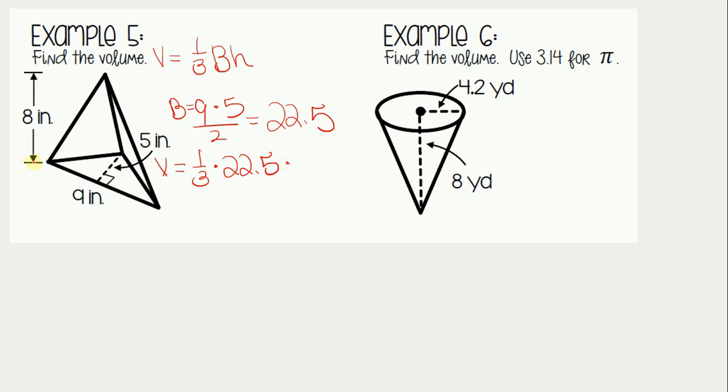And they give us our height right here because it's going straight up and down, it's not the slant, so times 8. So what we'll do to find our volume is take 22.5 times 8, and then I'll divide that by 3. We will get an answer of 60 inches cubed. Just like that.